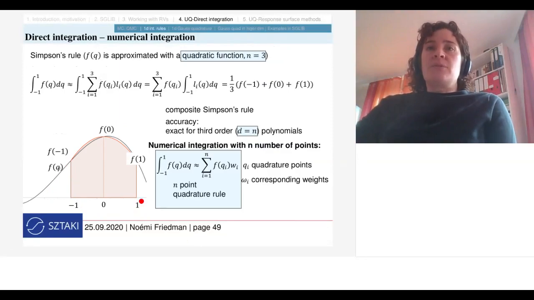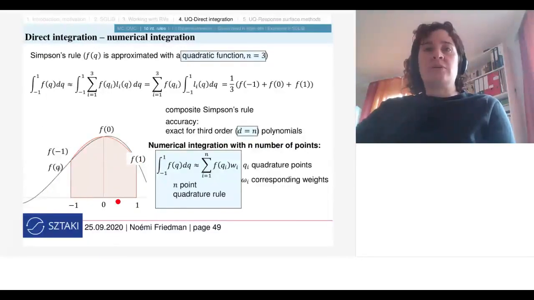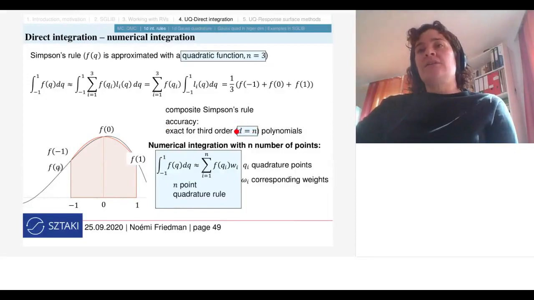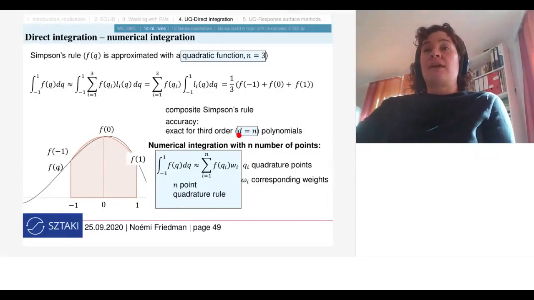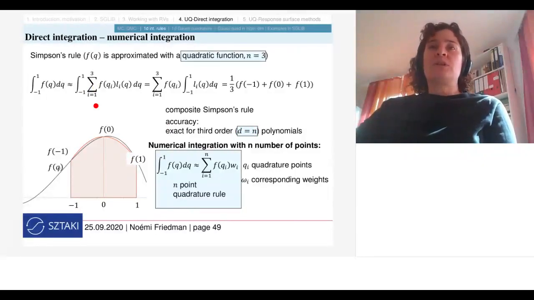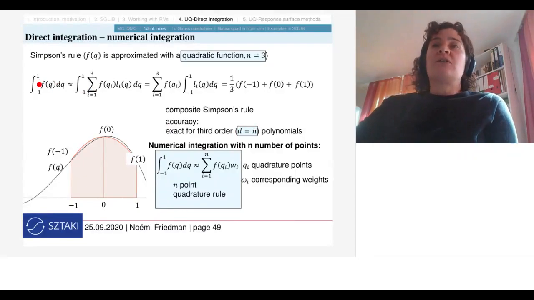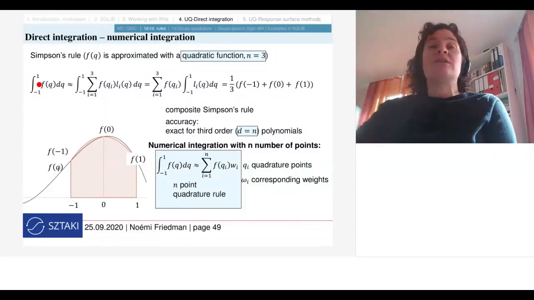Now, if I do a 3-point rule, I have a quadratic approximation, but it turns out that with this type of points, if I choose the points to be in the midpoint and the 2 boundary points, then the integration accuracy will be not n-1, but n. So if I have 3 points, I can integrate exactly all polynomials of maximum degree 3.